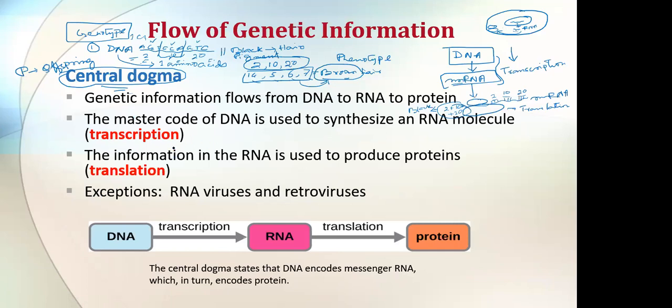Now, when I said that the cell does not allow DNA to come out of the nucleus, and this process is called transcription, basically it's like a transcript. Like when you graduate, all of your grades and original documents will be here at GHC.